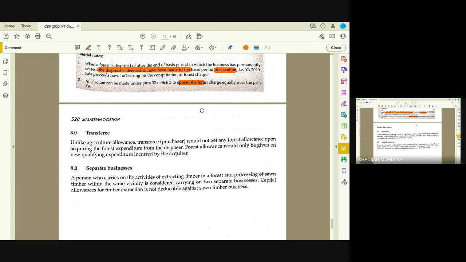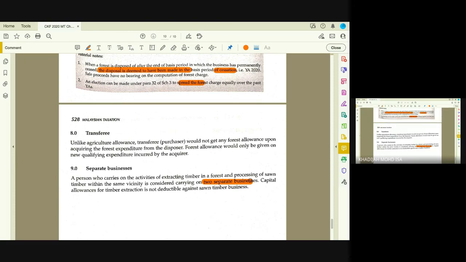All right, separate business. A person who carries on the activity of extracting timber in a forest and processing of sawn timber within the same vicinity is considered to carry on two separate businesses. It's not similar to what we had with agriculture, where with the palm oil you have to plant the palm oil trees, do the planting, handle the branches, and then process into palm oil.